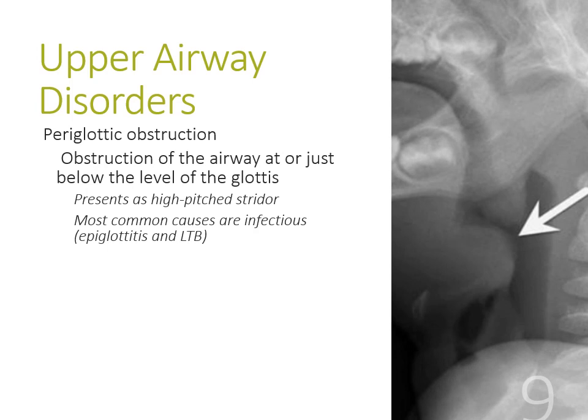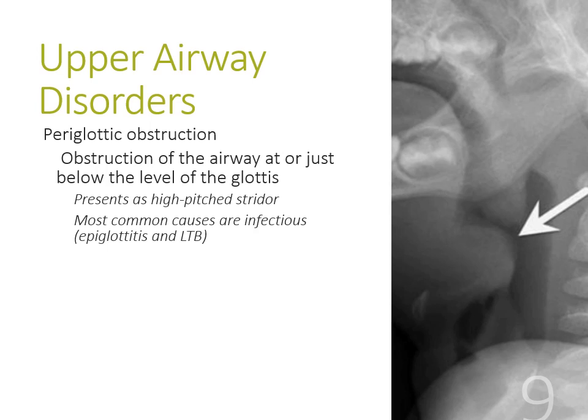Paraglottic obstruction, or epiglottitis. Epiglottitis is a true emergency. We're going to talk about the differences between epiglottitis and croup. This is a lateral neck x-ray of a child showing thumb sign.